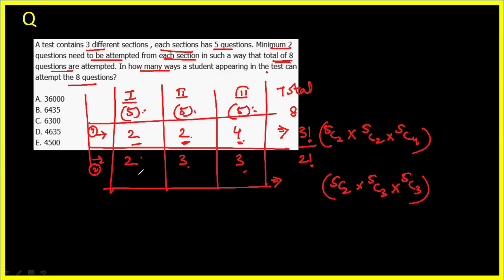And these 3 objects can rearrange. Think about it. It could be 3 questions from section 1, 2 questions from section 2, 3 questions from section 3, still going to be 8. That means 3 objects can rearrange in how many ways? 3 factorial ways. Is there a repetition? Yes. 3 is coming 2 times. That means it has to be divided by 2 factorial.